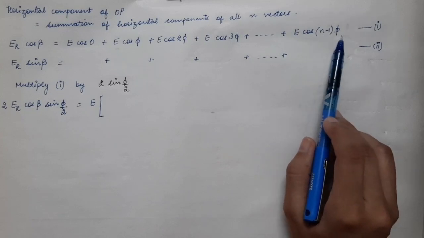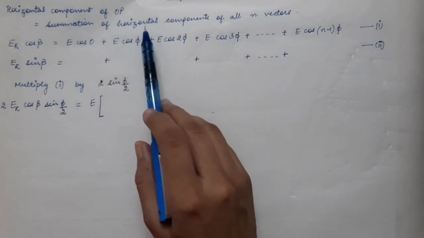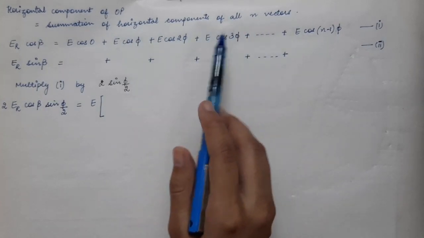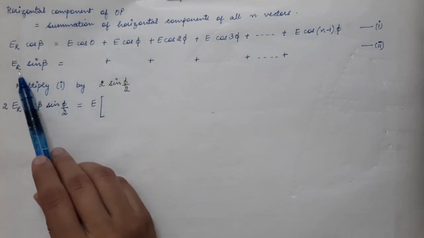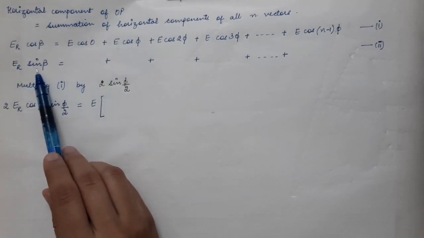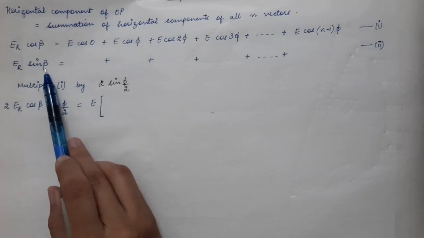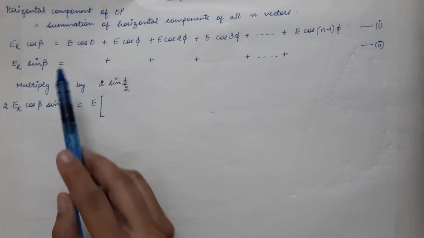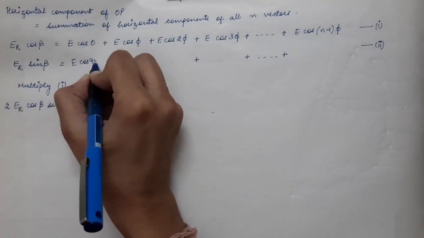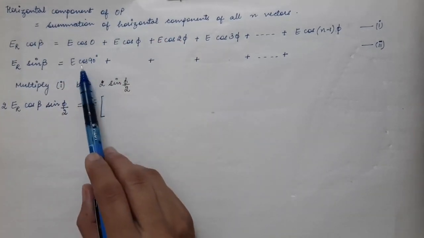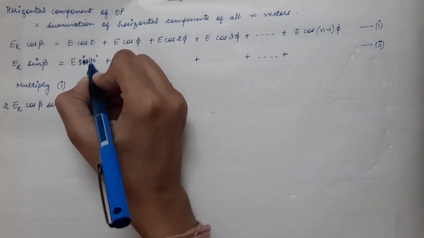Similarly, we will do the summation of the vertical components of all the vectors, and we will equate that to the vertical component of the OP vector. So the vertical component of the OP vector will be ER sin beta. So that will be equal to E sin 0.